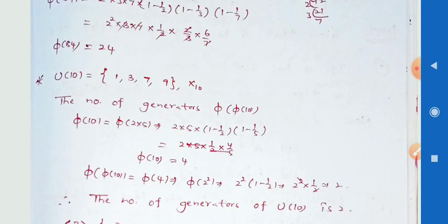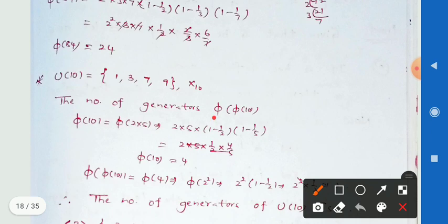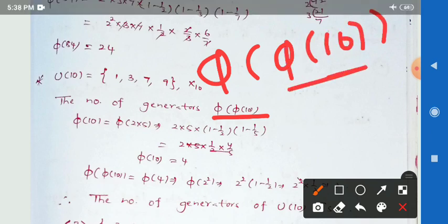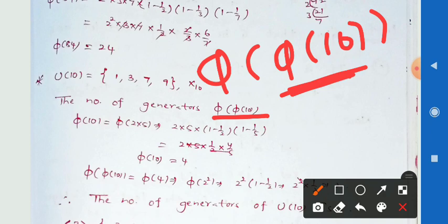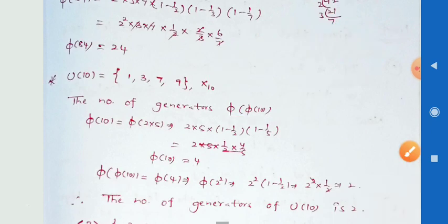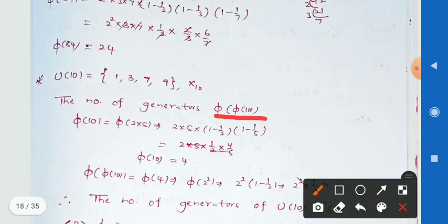Here we have to find the Euler function phi of phi of 10, which means applying the Euler function twice. First we find phi of 10, we get some value, then we take phi of that number.